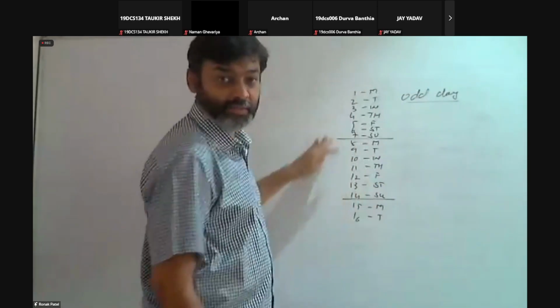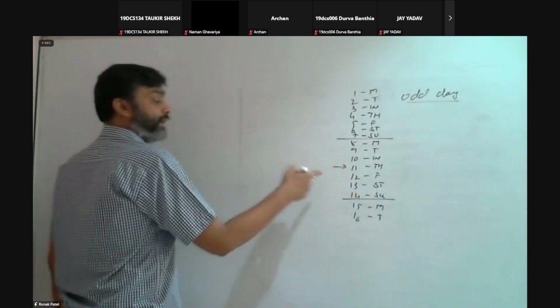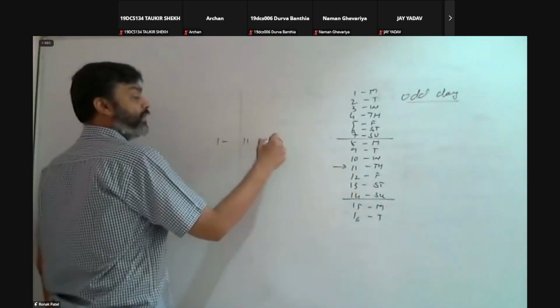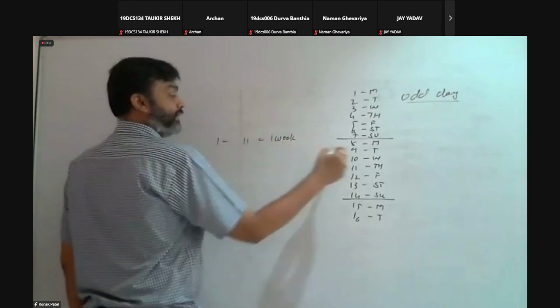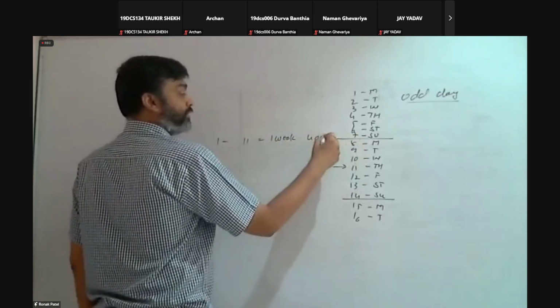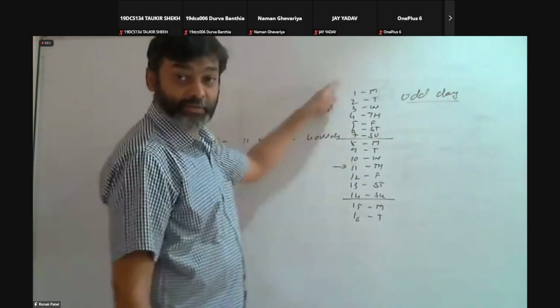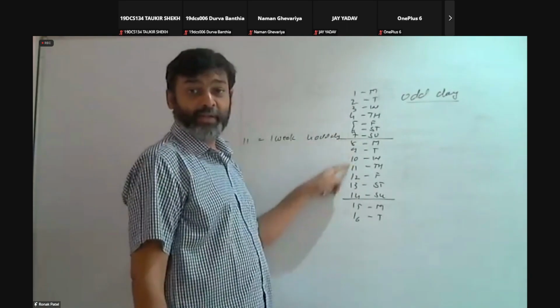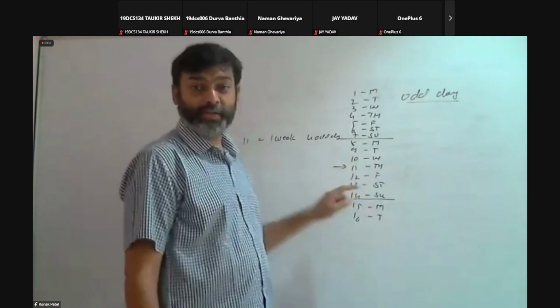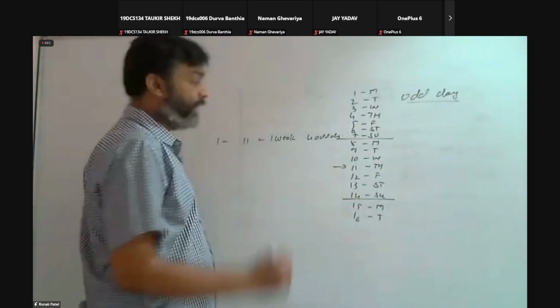Let me explain. Suppose the 11th day. From 1 to 11, there is 1 week and 4 odd days. In a group of 11 days, 1 week is completed, and the 11th is the fourth odd day.